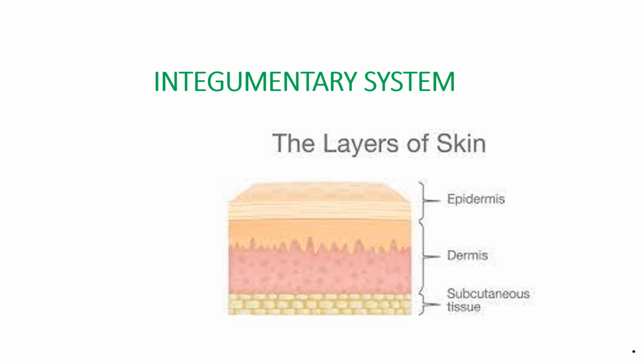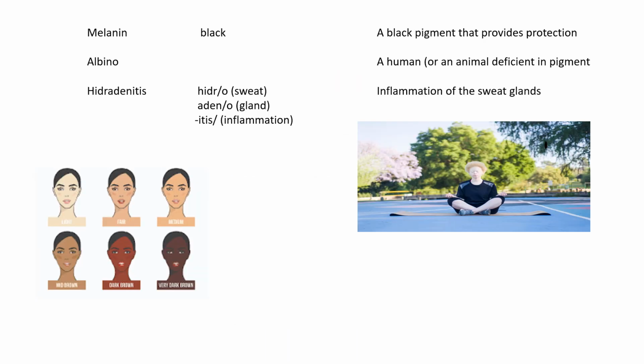Yeah, I know, right? I just learned that myself. The integumentary system is packed with lots of medical terms, along with different diseases, conditions, and just your basic terms related to the skin. One basic term selected here is melanin.